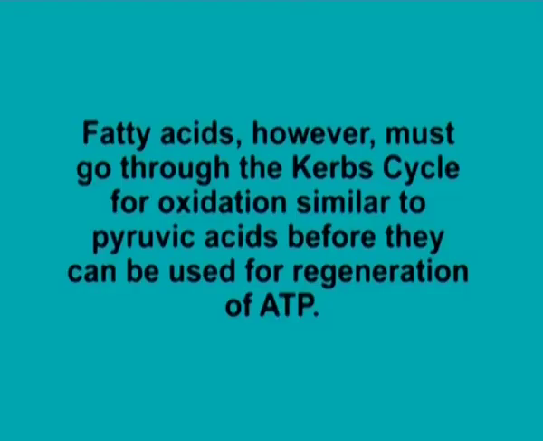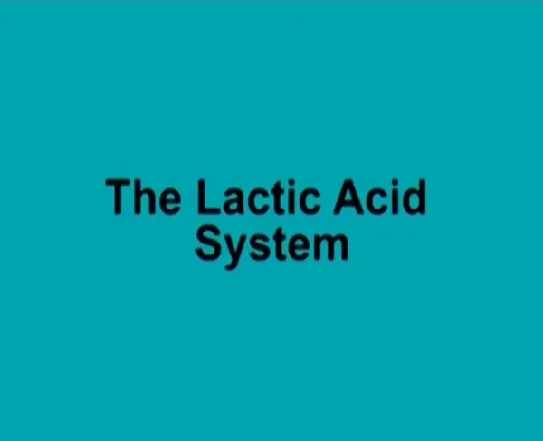Glycerol then enters the glycolytic pathway, and in the usual manner as glycogen is used for the purpose of resynthesis. Fatty acids, however, must go through the Krebs cycle for oxidation, similar to pyruvic acid, before they can be used for regeneration of ATP.